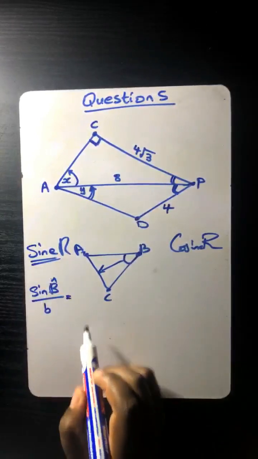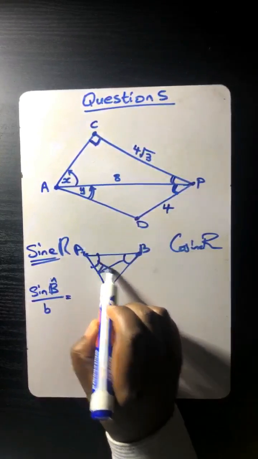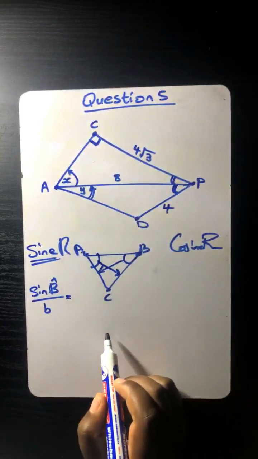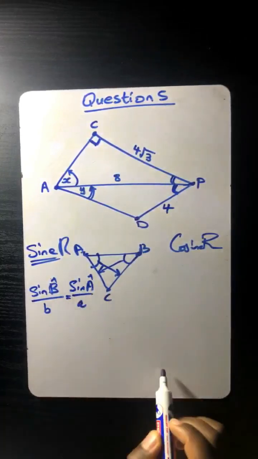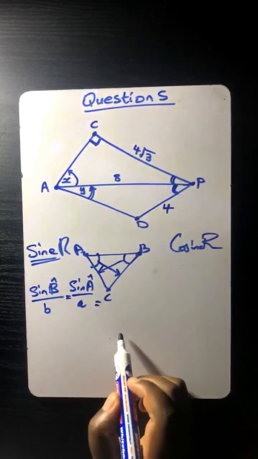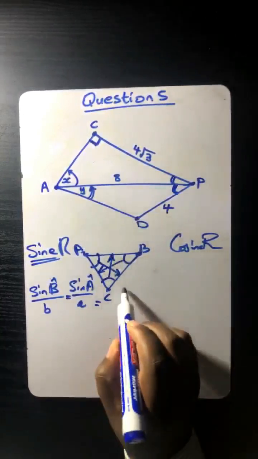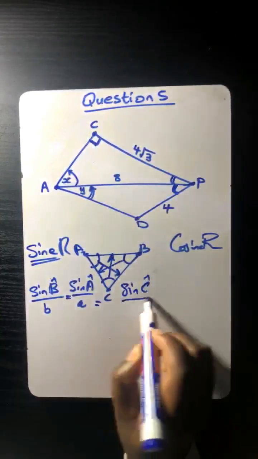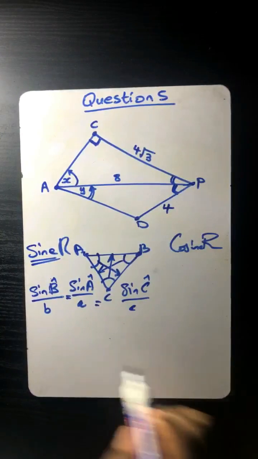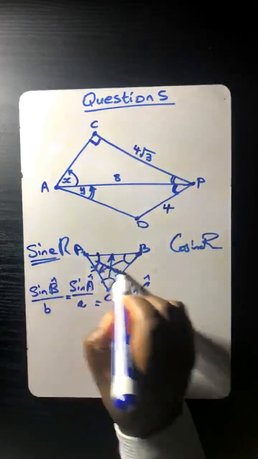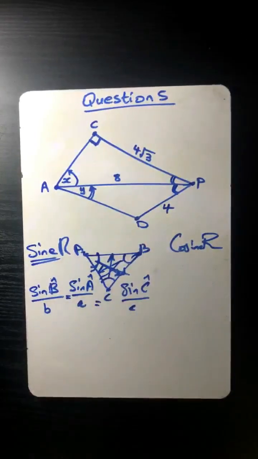This can be equated to another angle with its opposite side, sine of angle A over small a. This is also the same as sine of angle C over small c. That's when you apply the sine rule. So you need an angle and its opposite side.